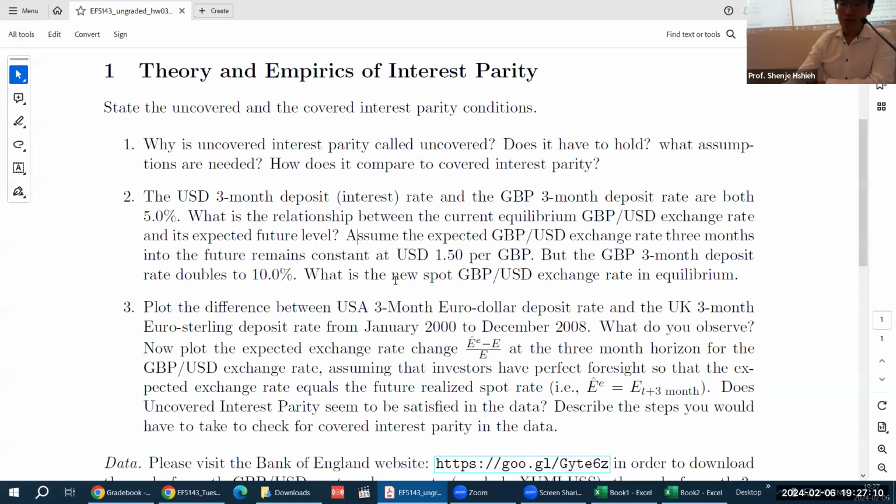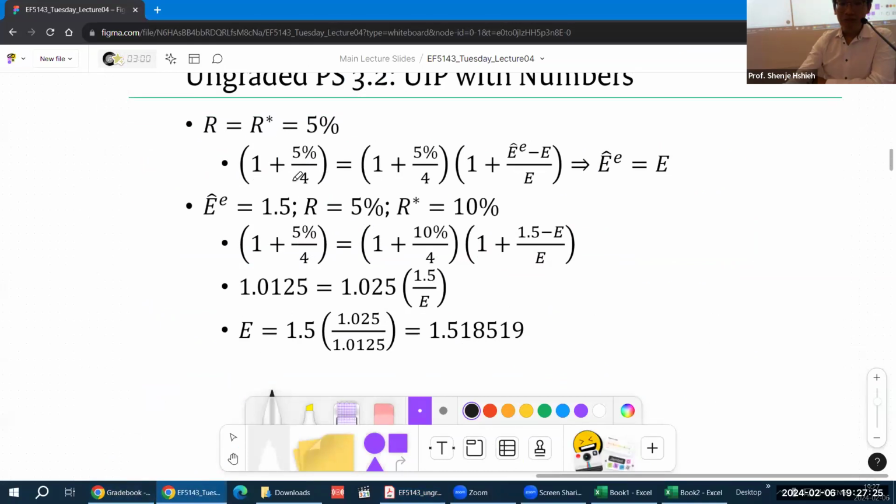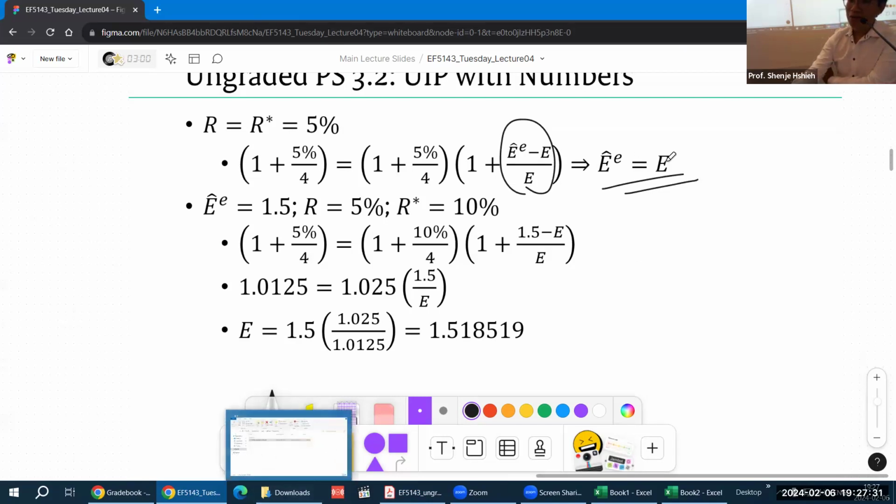It's asking you to solve the new spot exchange rate today. Okay, so let's go ahead and just plug and chug for that, right? So here we've plugged in 5%. Therefore, expected future rate equals E, so the expected depreciation is 0.